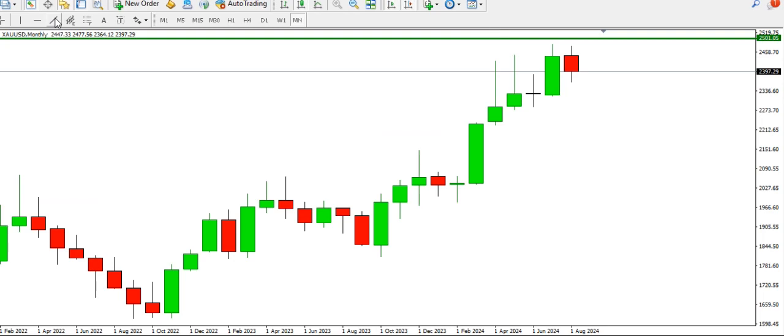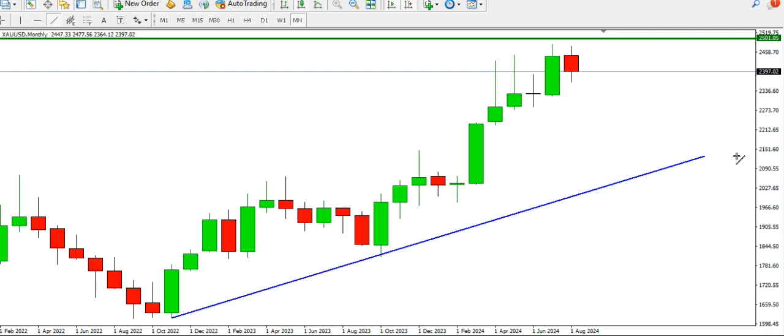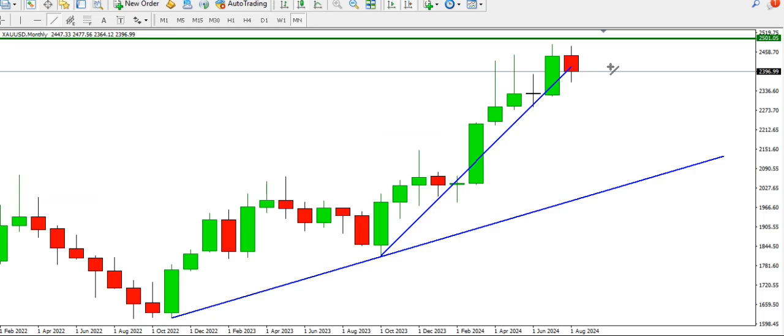But for now, on the monthly time frame, the trend line is ascending and the momentum is still high. It's picking up strength.